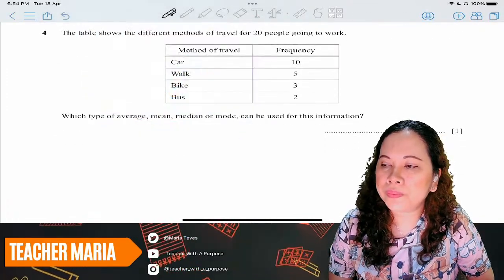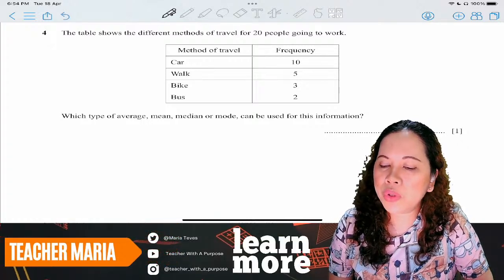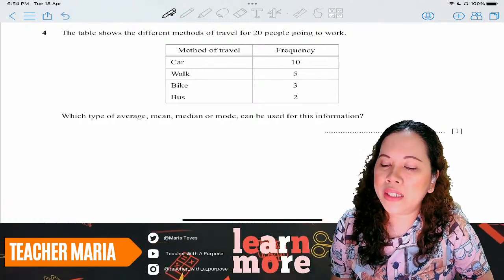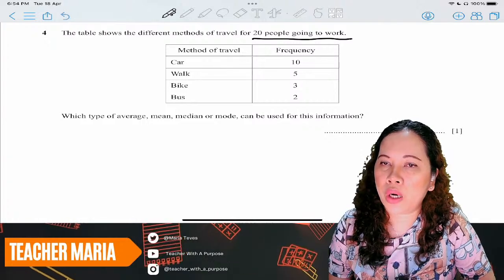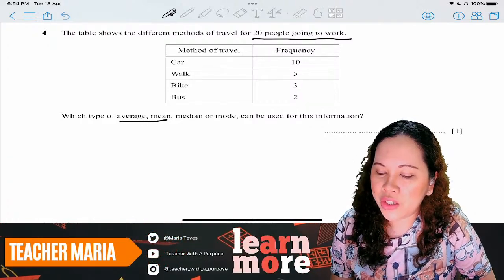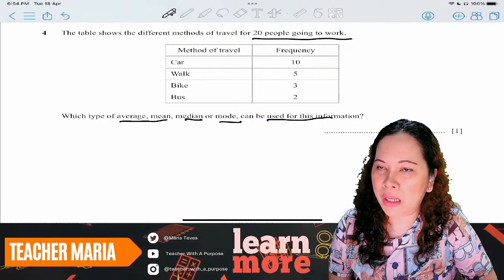Okay. The next one that you have is: the table shows the different methods of travel for 20 people going to work. Now, which type of average, mean, median, or mode, can be used for this information?